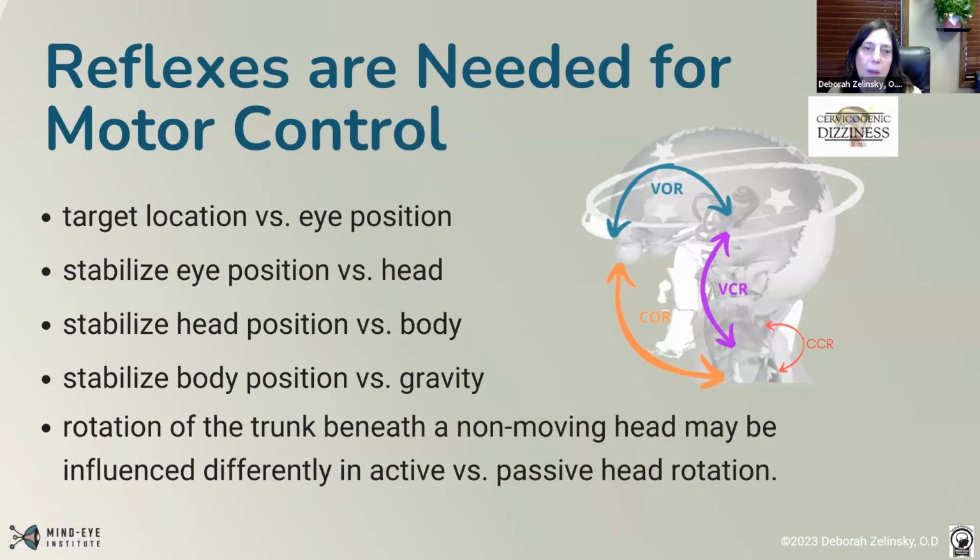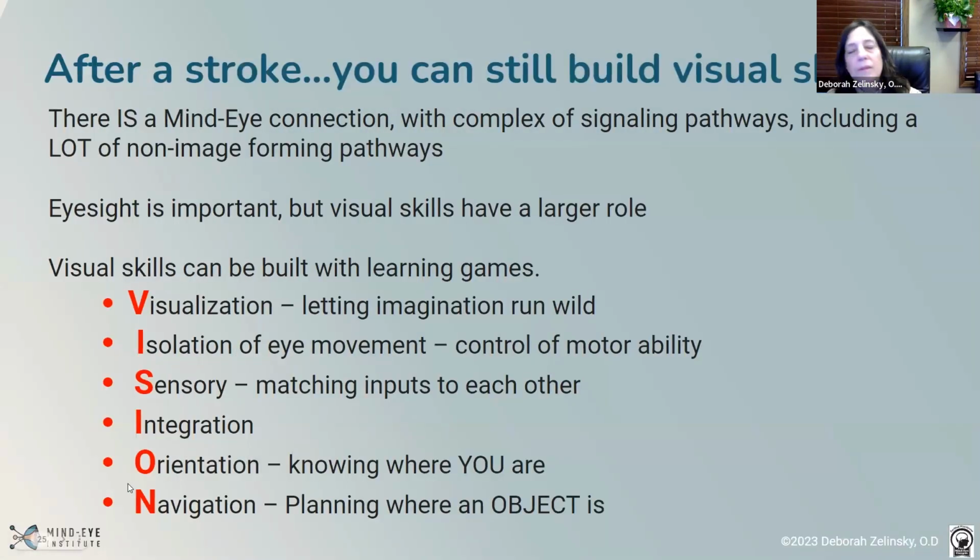From our end, we can use eyeglasses to help change that. In addition to changing the different posture components, the neck and the hips, and rebuilding those reflexes, you can build up the internal visual skills of visualization, visual imagery, isolating your eye movements, and matching the sensory integration of eyes and ears together.